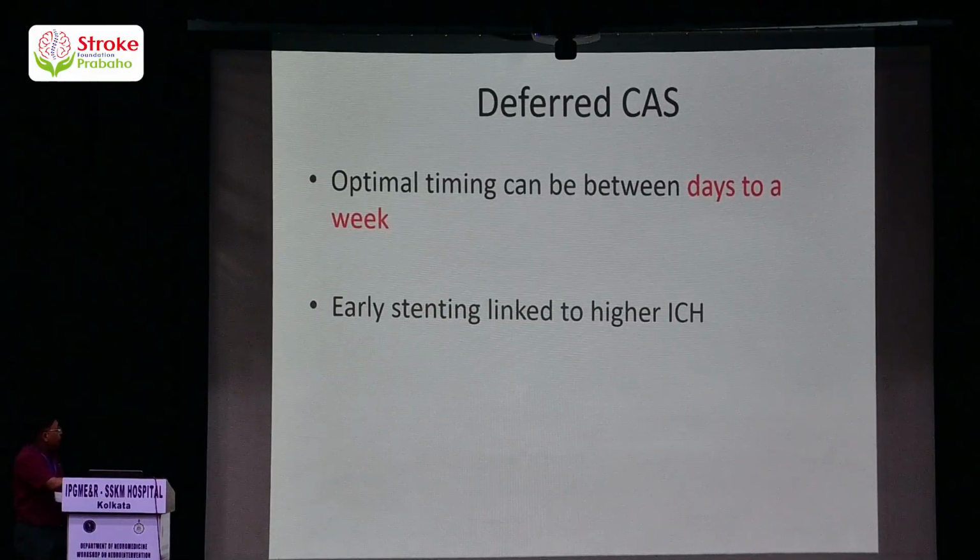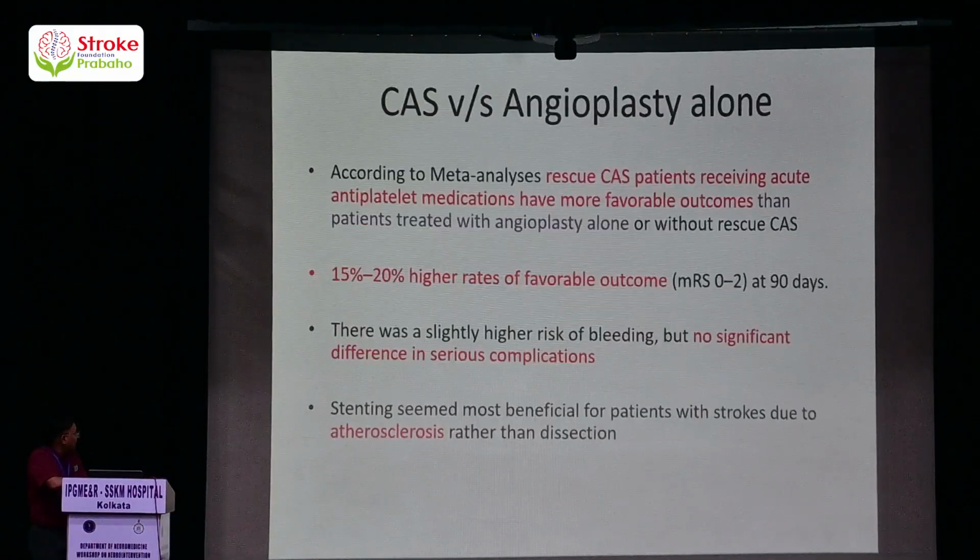In case we defer the carotid stenting, what is the time interval? Usually we have to wait for days to a week until the patient becomes better clinically. And it is said that if you do early stenting, it may pose a higher intracranial hemorrhage risk. So what do you have to do? Either stenting or angioplasty alone.